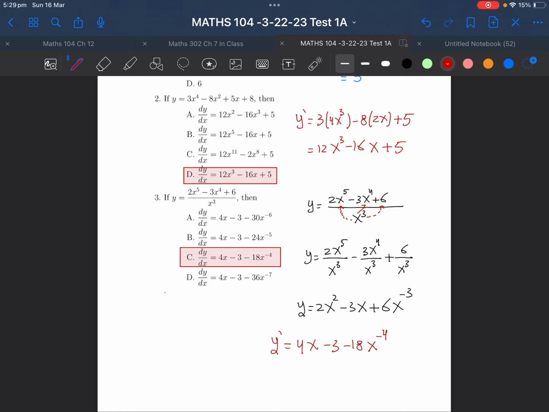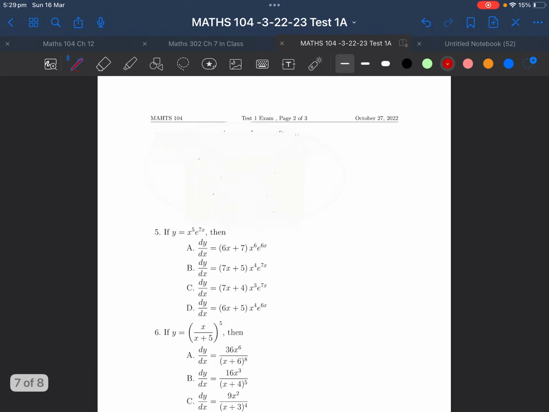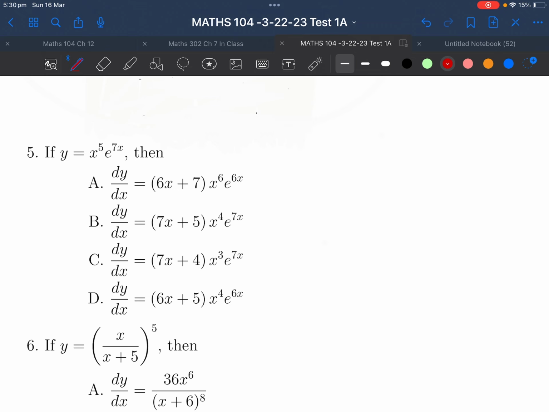Next, we'll go to question number 4, which is, again, a multiple choice question. But in this question, we will use the product rule. So let me write it down. Now, what is the product rule?